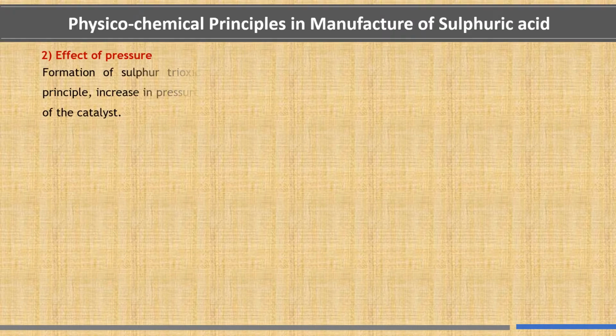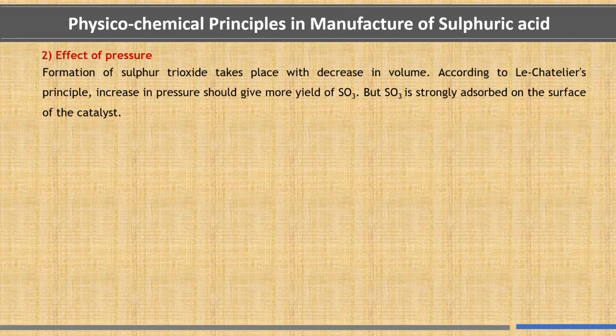Effect of pressure. The formation of sulfur trioxide, that is SO3, takes place with decrease in volume. We have seen that 2SO2 plus O2 gives 2SO3. That means 3 volumes of the reactants give 2 volumes of product.